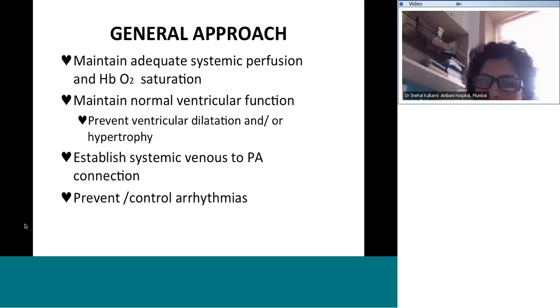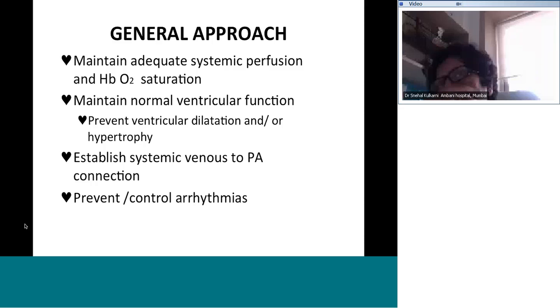The whole line of management you have to maintain, because this is a subset where all the long-term outcomes depend upon your pulmonary blood flow, pulmonary artery sizes, pulmonary artery pressures, your competency of the AV valves, your left ventricular end-diastolic pressures, and your pulmonary venous return has to be good, because any change in this physiological circulation is going to affect the long-term outcome of a single ventricle.